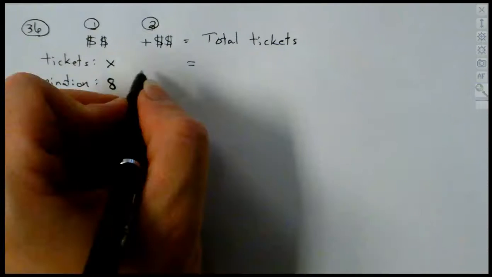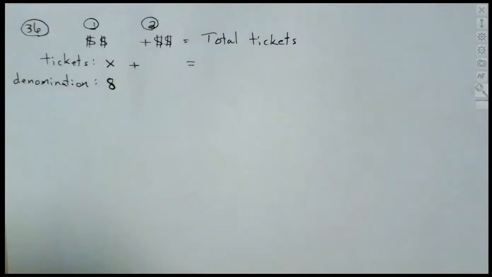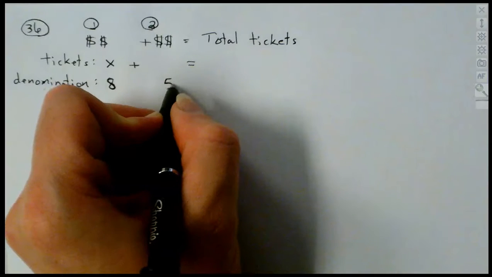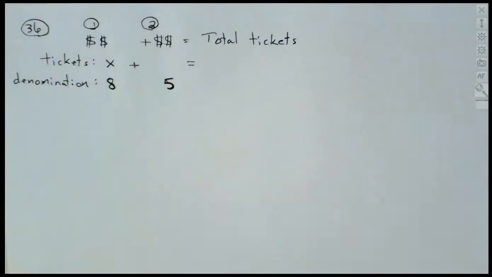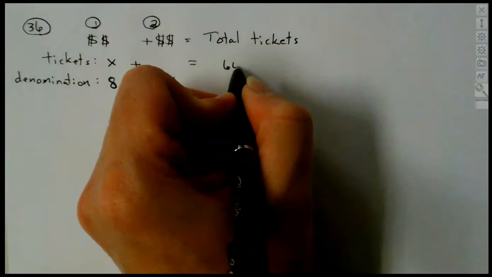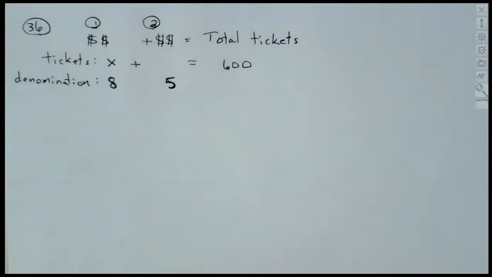We use an X. Then we've got some other tickets for children, and they're cheaper. They only cost $5. So we're going to go over here with the 5. And we don't know how many children tickets we have, so we're going to leave that blank for a moment. But we do know that we sold a total of 600 tickets. So there's our total number of tickets.